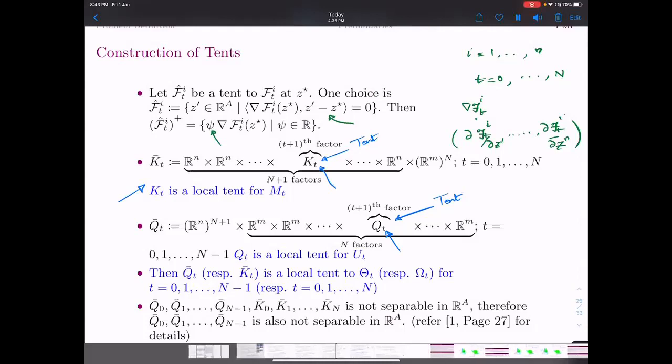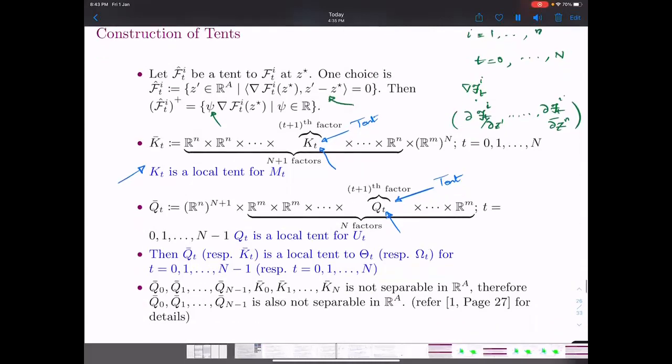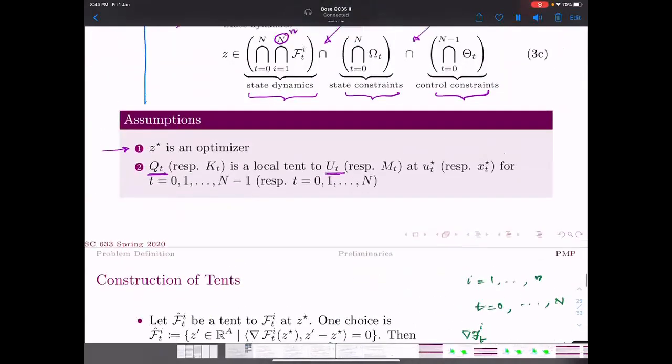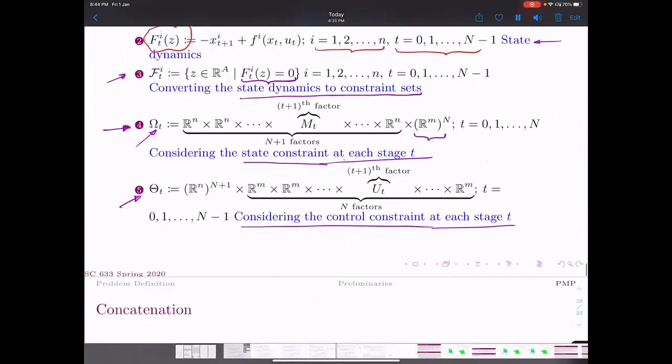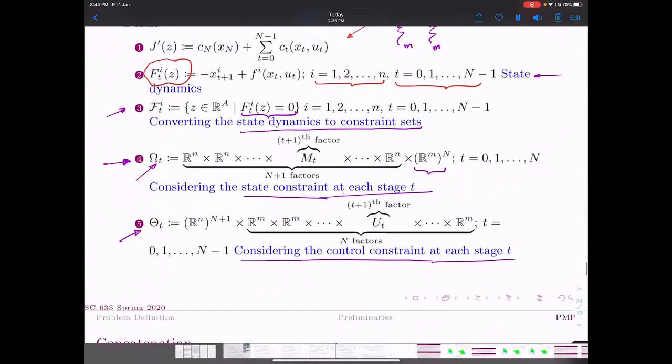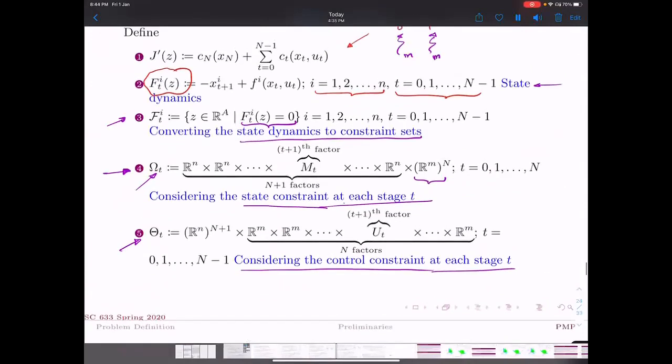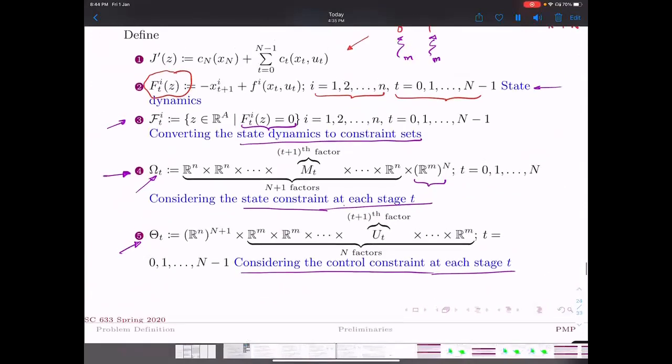So you take an individual tent at that particular stage and then you concatenate it to get an overall tent. Some of these are better understood when you look at the paper, and please remember the A here is the combined dimension of the state space, which we had mentioned here.